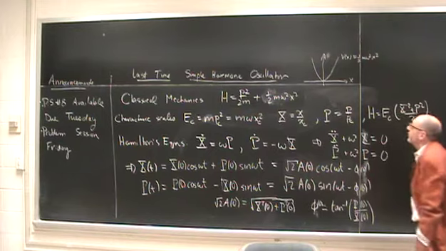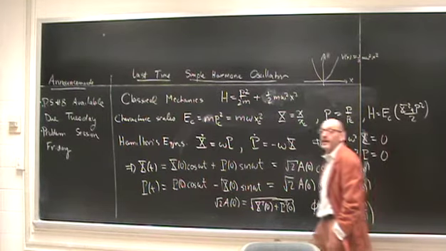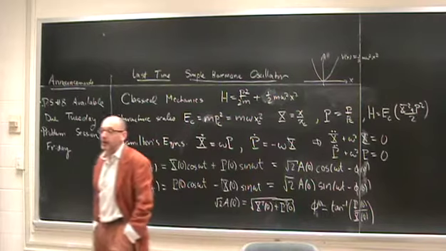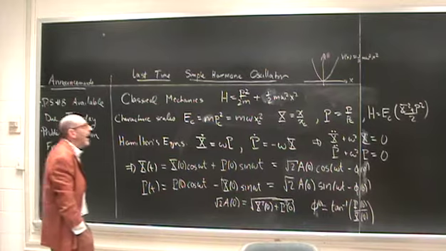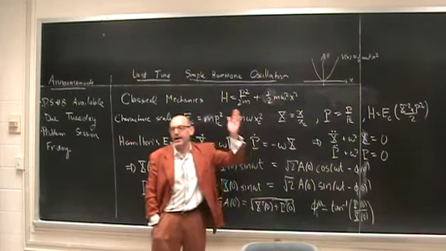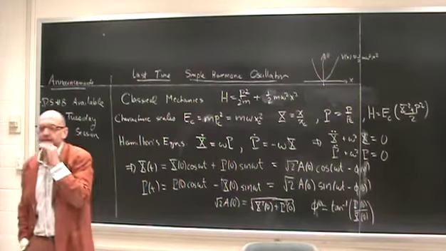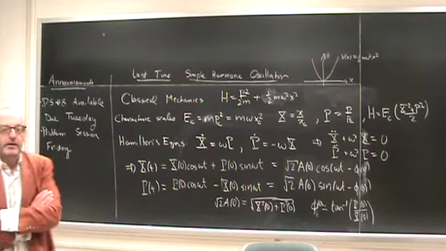So, first thing we did is that we wrote everything in terms of dimensionless variables. That's always what you should do. You should always get rid of the units by looking at whatever the characteristic scales are in the problem. Whatever the problem is, it has some physical constants. In this case, there's two constants, the mass and the spring constant, or the mass and the resonance frequency. And that's it. Everything is defined in terms of that.